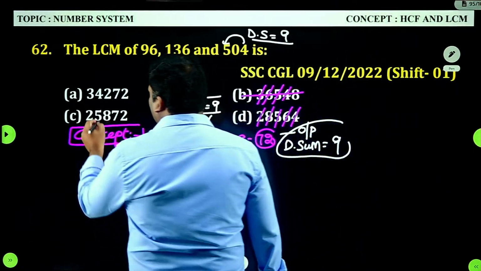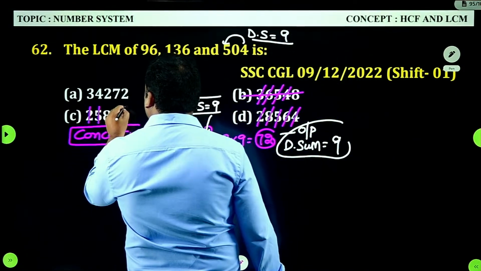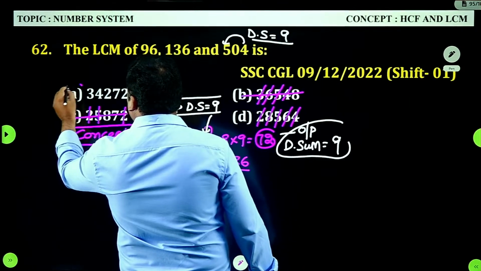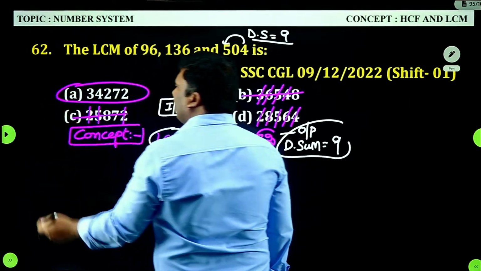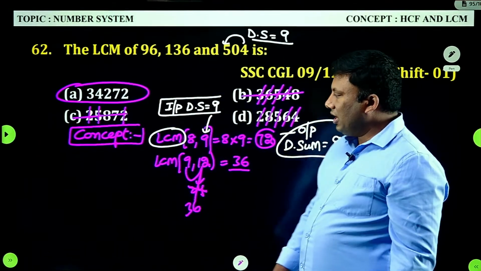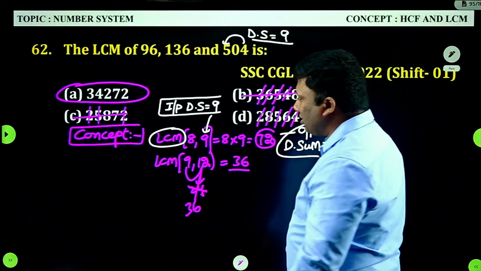Here it will be 5 plus 2 plus 2, 9, 8 plus 7, not possible. Answer is 34272.